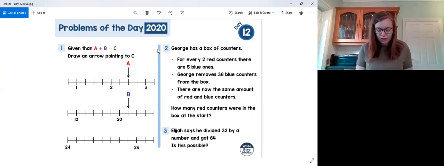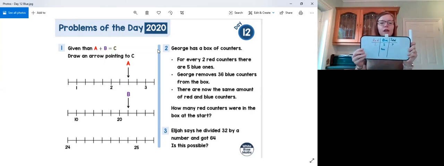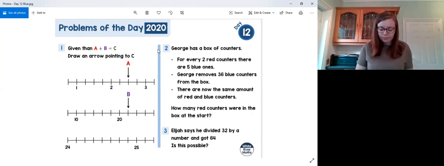Now, the important thing with ratios, just like fractions, if I want to increase my blue counters by 8 times, I need to also do the same to my red and also do the same to my total. So 5 times 8 was 40. So now I need to do 2 times 8, which is 16.